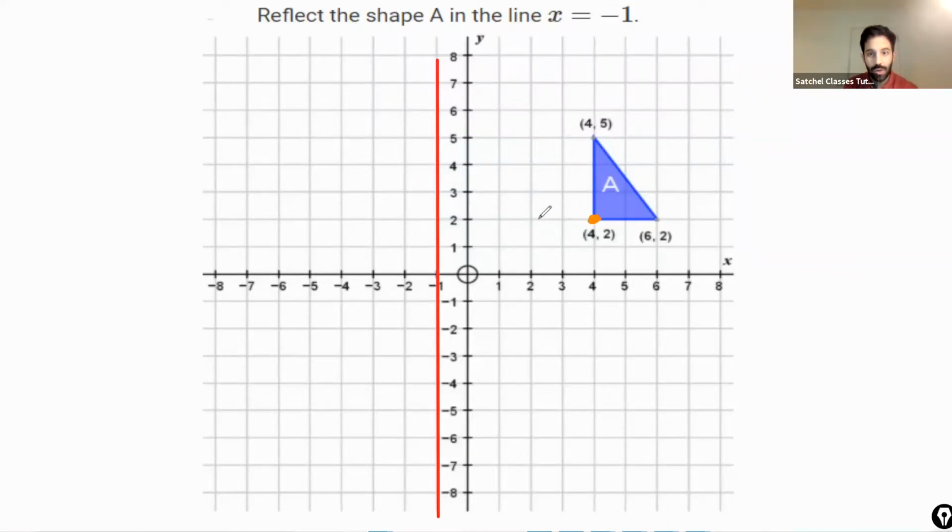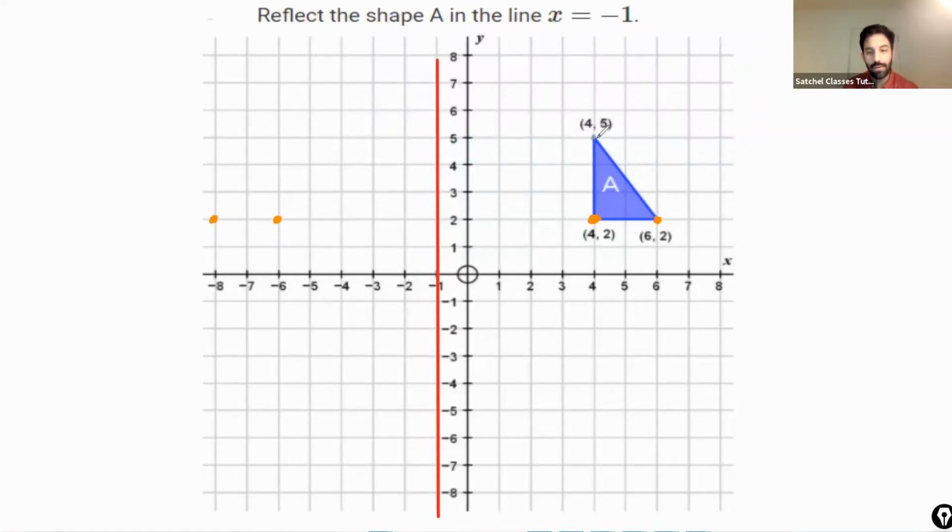So that's going to be 1, 2, 3, 4, 5. So we need to go 5 across. Now, likewise with this corner, we are 1, 2, 3, 4, 5, 6, 7 away. So we need to go 7 across.